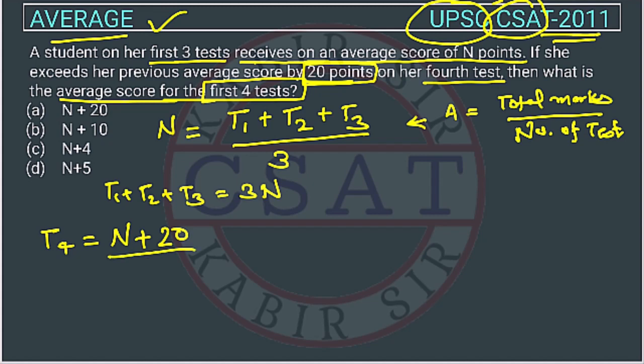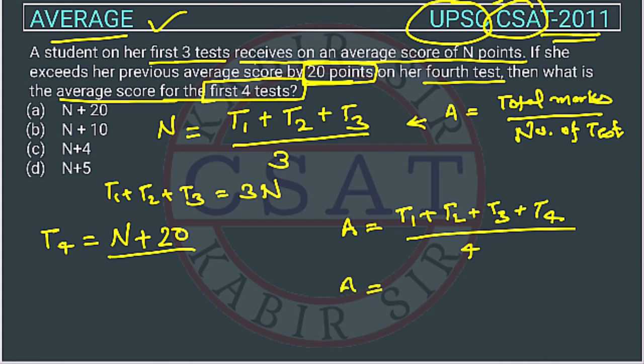Now the question is asking the average score of the 4 tests. So the average score of 4 tests will be T1 plus T2 plus T3 plus T4 upon 4. Just put the values here and we will get the answer. T1 plus T2 plus T3 is what? 3n, we know, and T4 is n plus 20, upon 4.